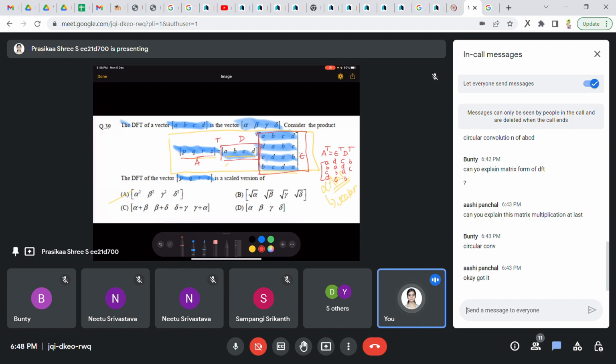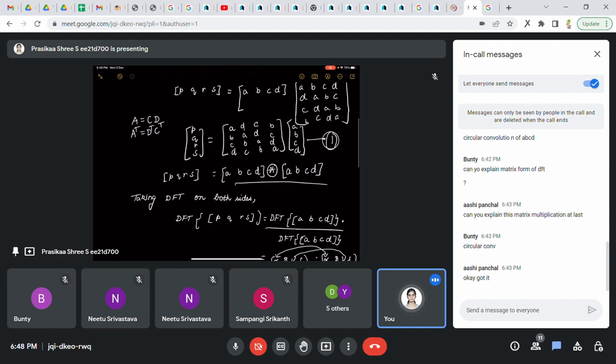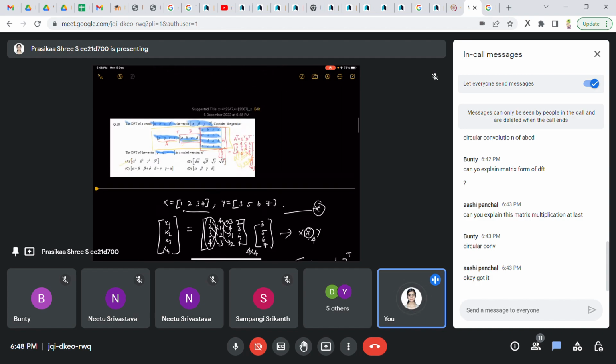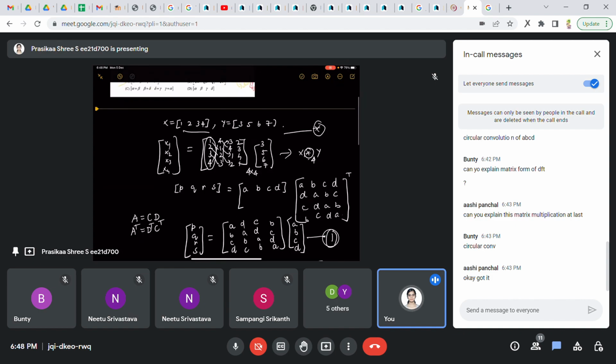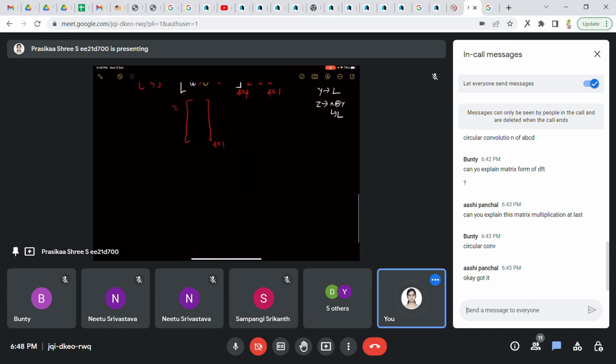Now if you see, Bunty, this resembles what I have told you. Meaning EFGH you can have as ABCD itself. If you are closely watching, the one which I told here and the one which I explained here are the same.